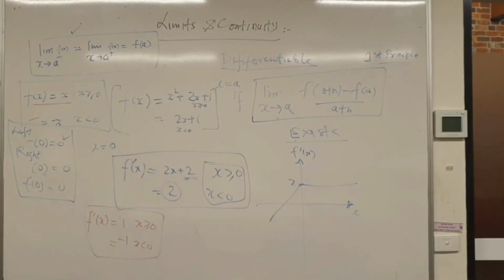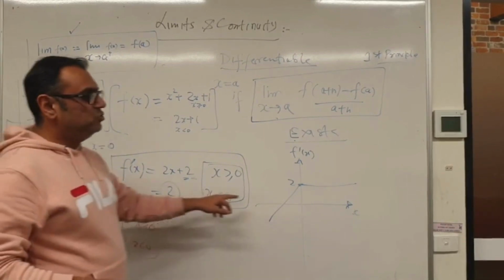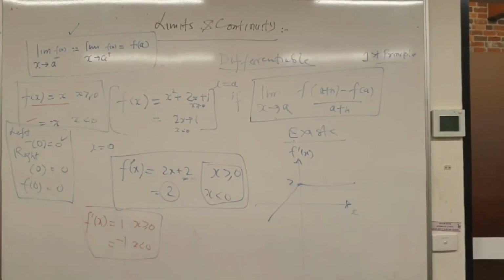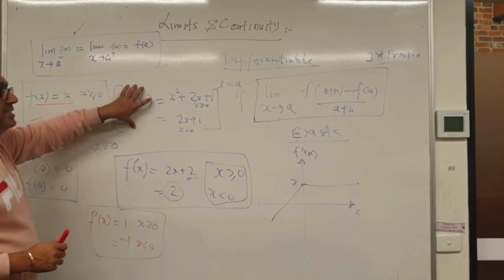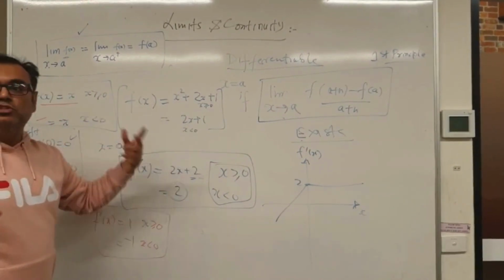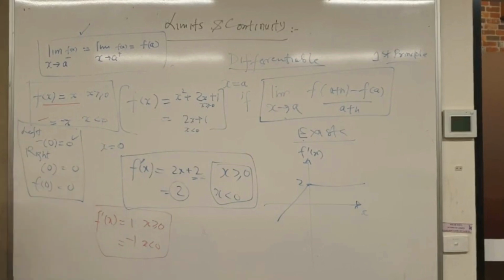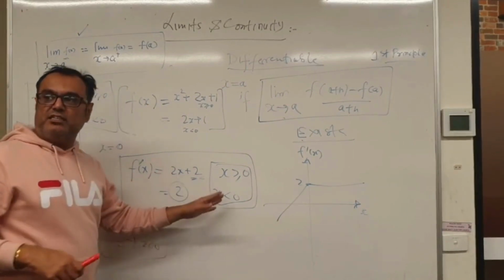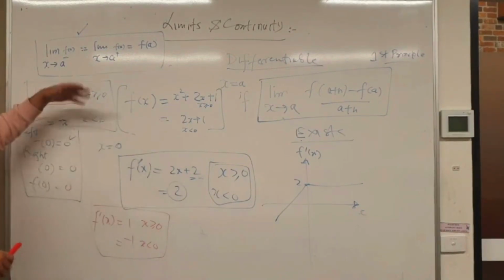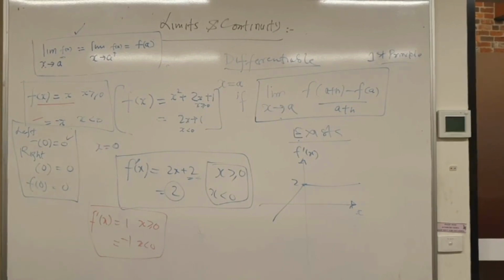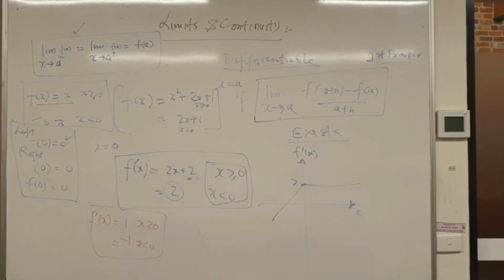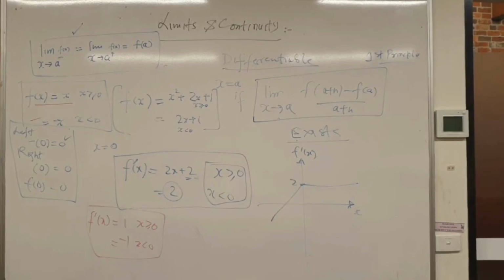You just do the f dash x like this and draw the graph. Or they will say, tell me whether the derivative is defined at x equals 0 or not. So when they say the derivative is defined at, or the function is differentiable at, then you find the differential and then check the continuity. And when they simply say, you've given the function, check the continuity, then there's no point of differentiating. That's the difference. Make sense?